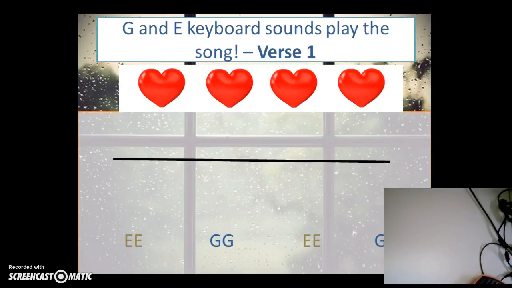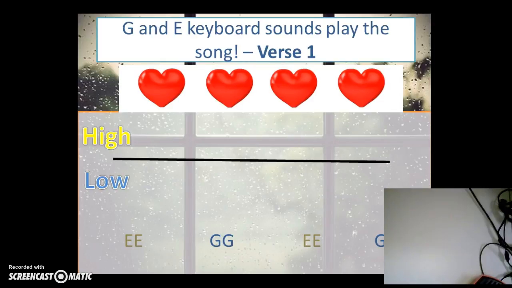So we have our line, high goes above, low goes below. So if we look at that very first part, we're looking at pitter, patter, pitter, patter, just like we did with our words to try to find those high and low sounds. But now, instead of it being pitter, patter, we're going to work with E and G. So we're going to look at those high and low sounds on our keyboard.